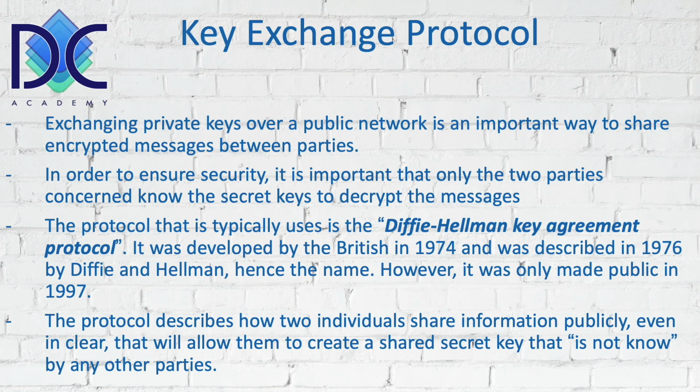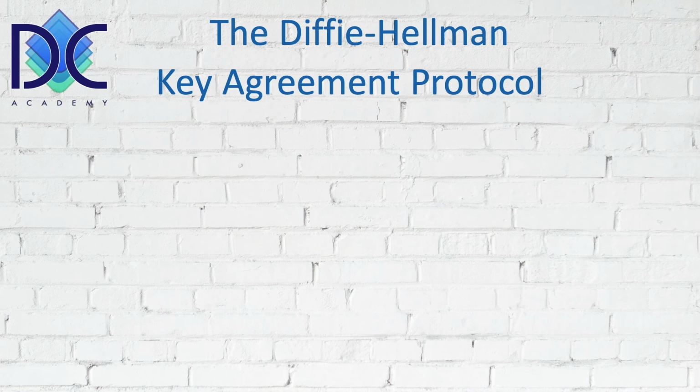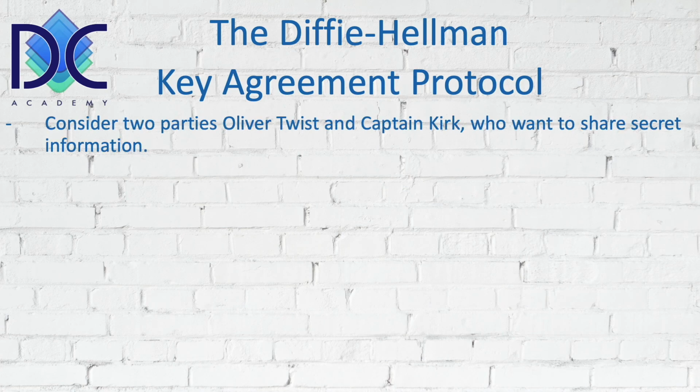So that's in fact very important, because we have to set up a communication with another party, and we don't want to have to share those private keys in different ways, because sharing those private keys in a different way also reduces security. Now, what's going to happen? The Diffie-Hellman Key Agreement Protocol, how does it work?